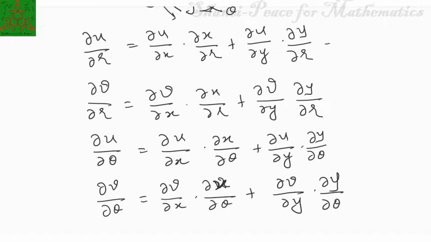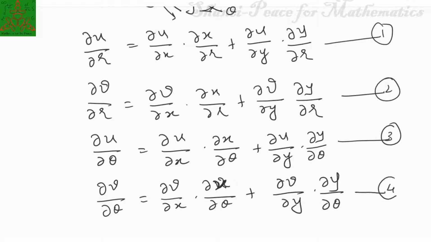If I call the first equation 1, this one 2, this one 3 and this one 4, now we need to find out what should be del x by del r, del y by del r.